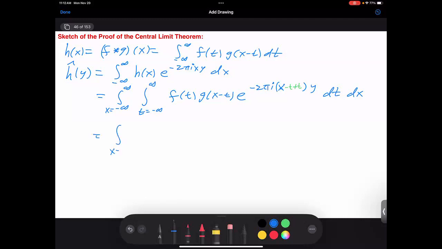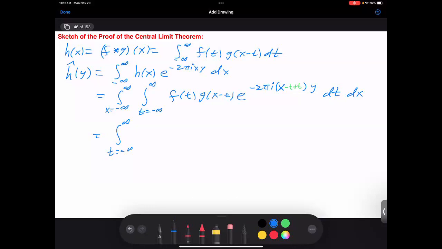So if I write it like this, I'm going to have the integral x goes from minus infinity to infinity. Now, do I want to integrate first with respect to t or first with respect to x? I'm going to integrate with respect to x first. The reason you should know to do that is because this is a multivariable calculus problem, and one of the only things we know how to do in multivariable calculus is switch the order of integration.